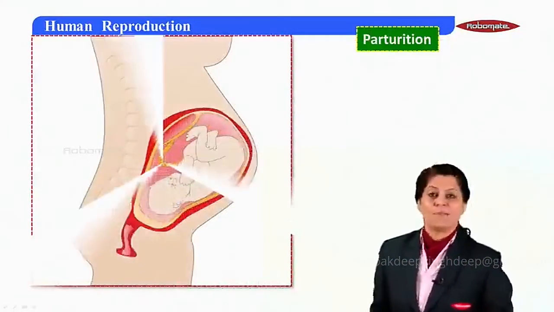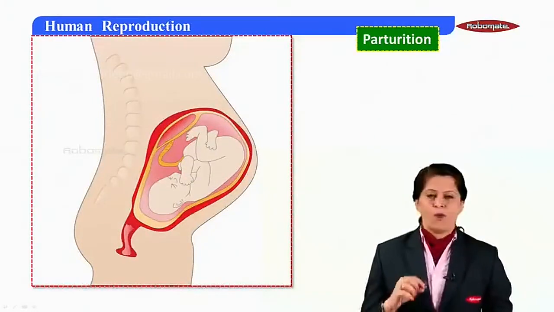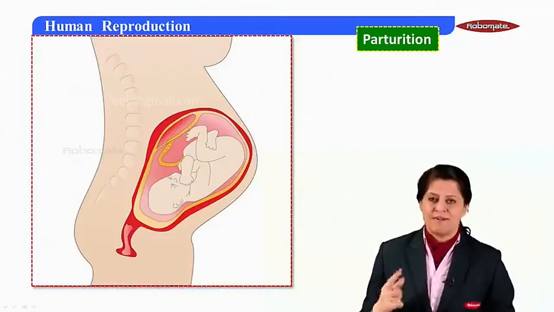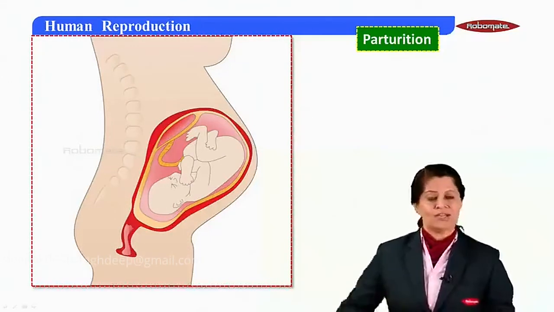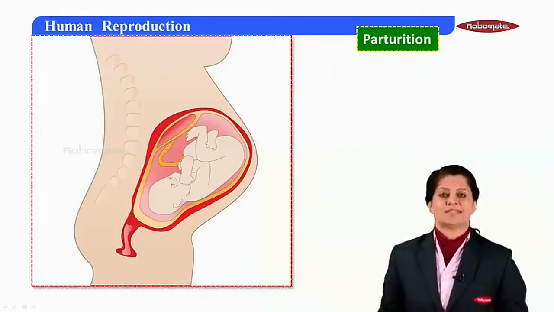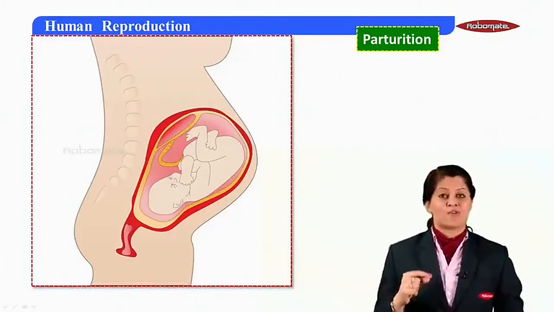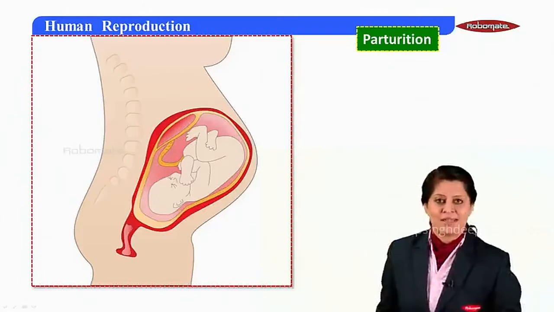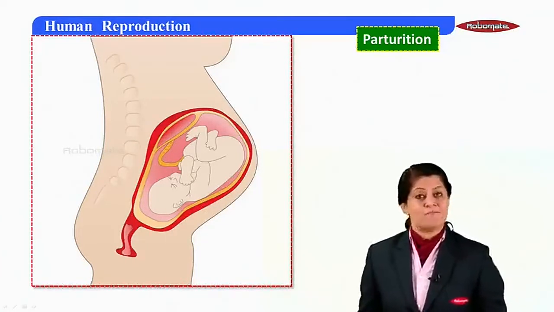Now, talking about parturition, students, how does it really begin? What is that stimulus or reflex which starts the process of parturition or the delivery of fetus? It starts from the fetus itself. When fetus is fully developed, fully mature fetus after 280 days, there is something we call as fetal ejection reflex which happens.